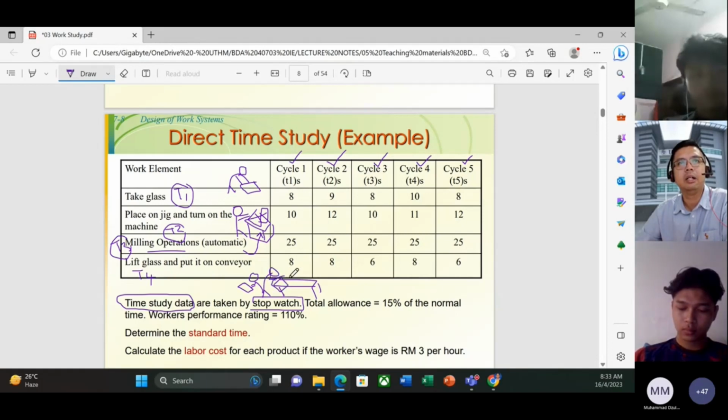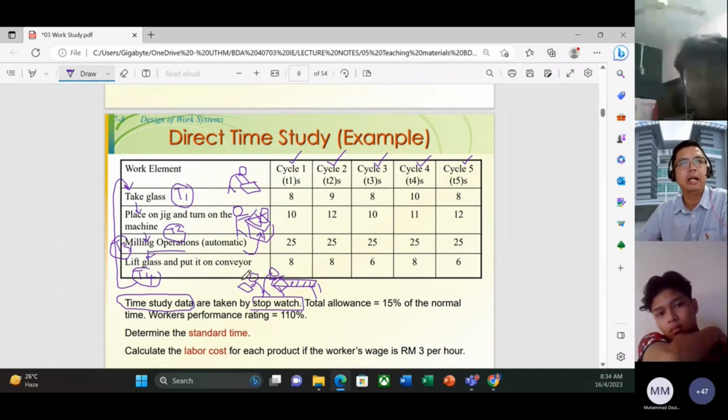This is the glass. This is the conveyor. So this is task number four. And repeat again and again. Take a glass, place on the jig and turn on the machine, and milling operation automatically. And last, lift a glass and put it on the conveyor.